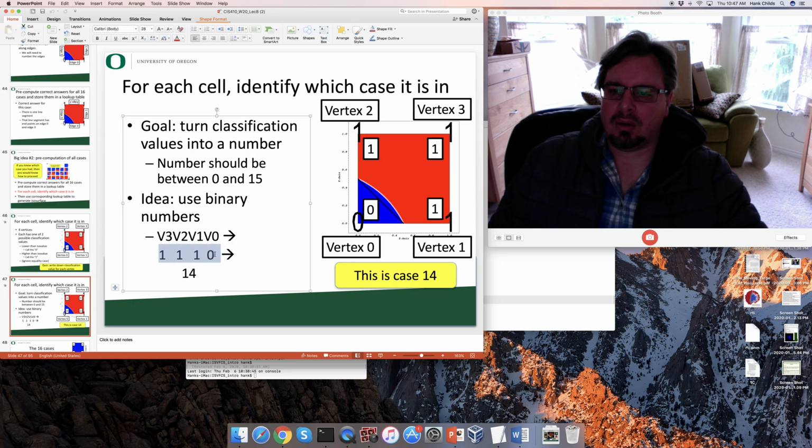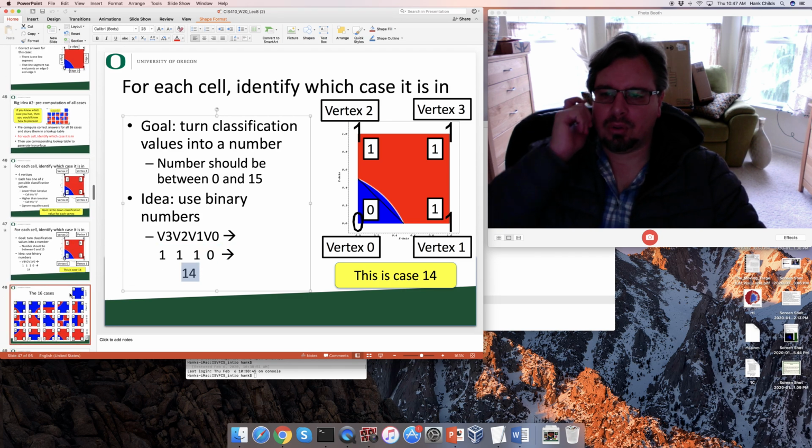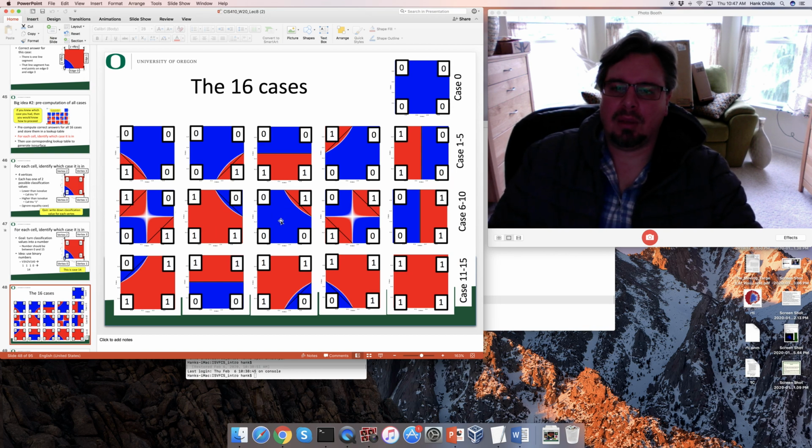This makes a binary number, and if you add this up, it's 0 plus 2 plus 4 plus 8, which is 14. And that's why we call this case 14. So as we go back to these 16 cases, if you were to do this same mapping, in this case right here, this would be 8 plus 0 plus 0 plus 0, so that's 8, and this is case 8.